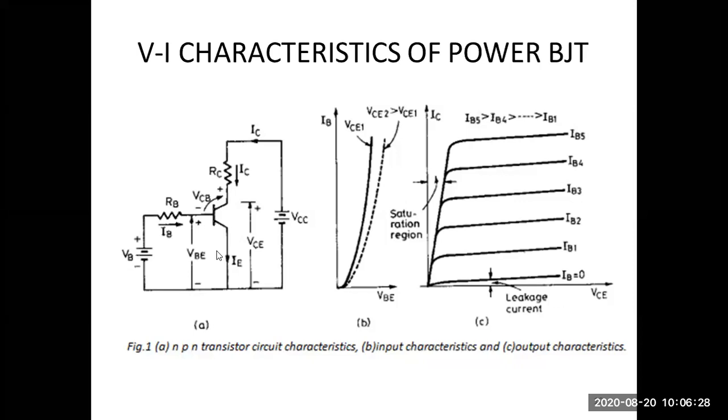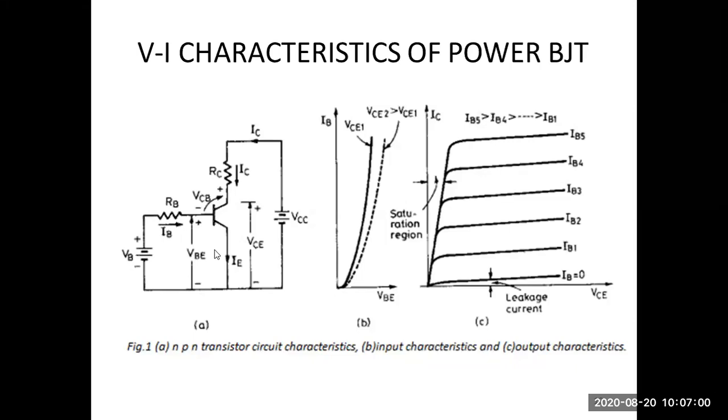As I said before, we need to draw the steady state characteristics, the input characteristics, that is VB, the voltage across base and emitter. Practically, whatever input is supplied should appear across the base and emitter, but there will be some difference. In the grid the voltage is 240; suppose our input voltage is 240, but when it comes to the load, it will not be 240.